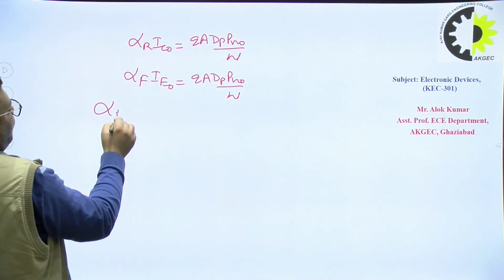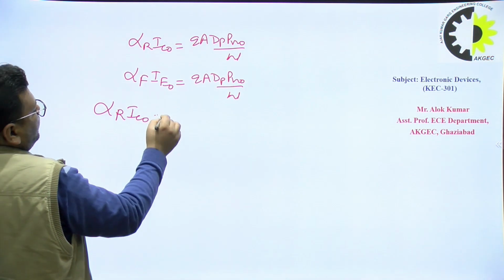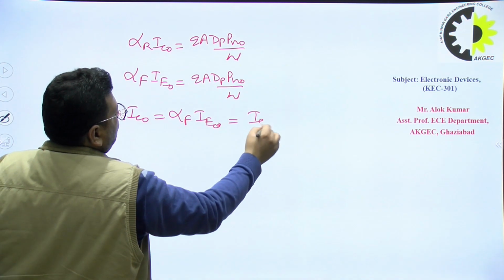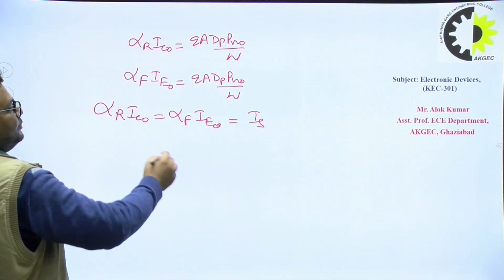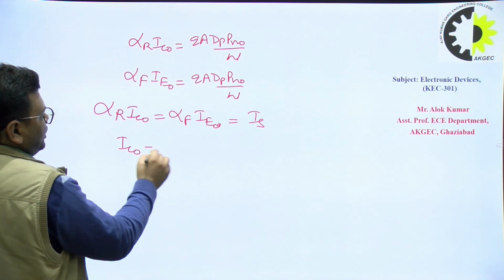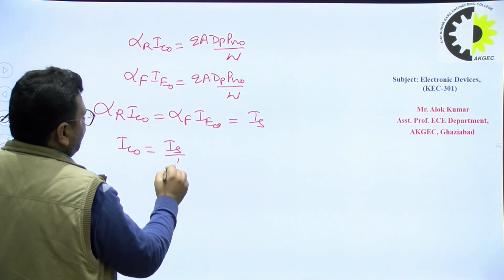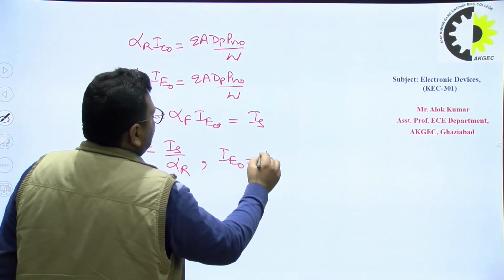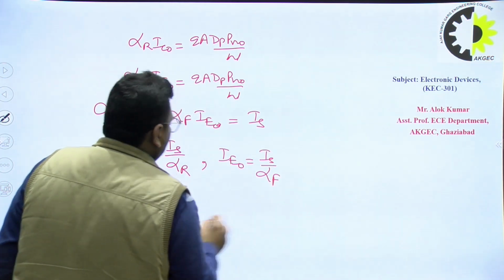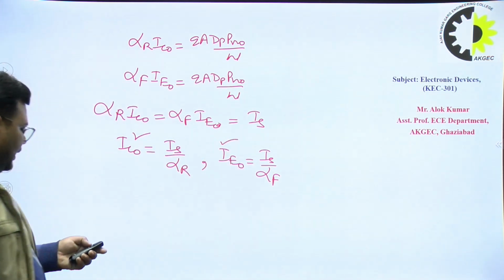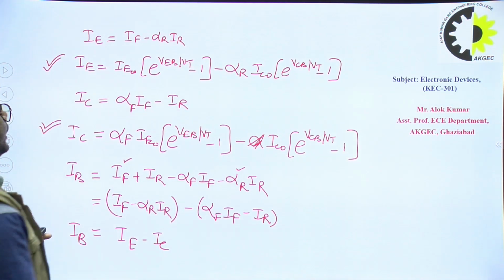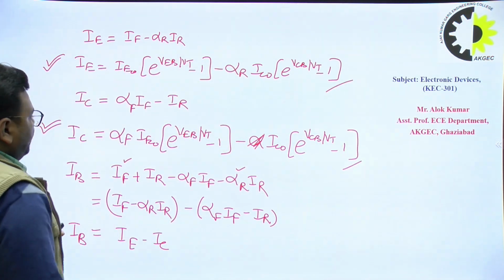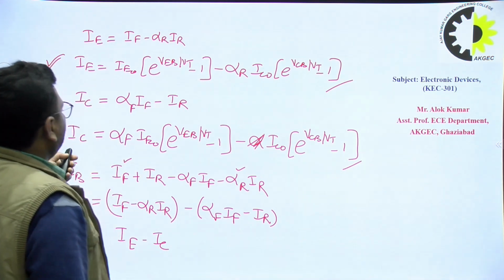So I can write alpha R into IC naught is equal to alpha F into IE naught, and I can consider this equal to IS. Now I can find IC naught: IC naught will be IS upon alpha R, and IE naught is equal to IS upon alpha F. These values I can put in this equation and write the final equations of the emitter current and the collector current.